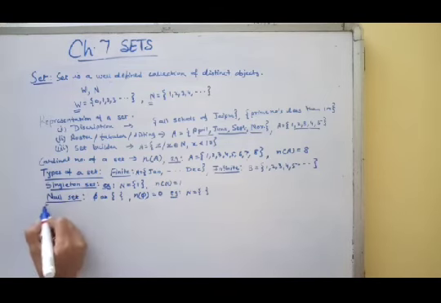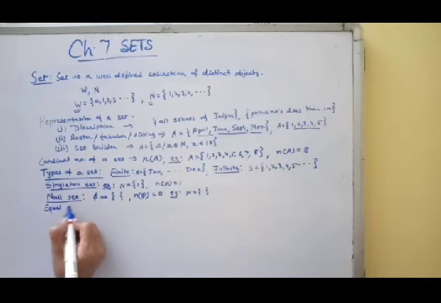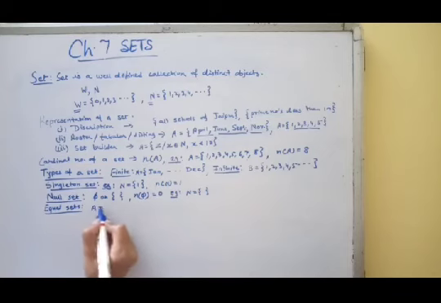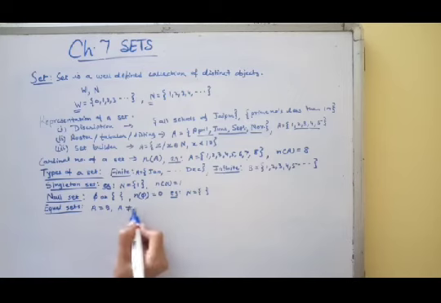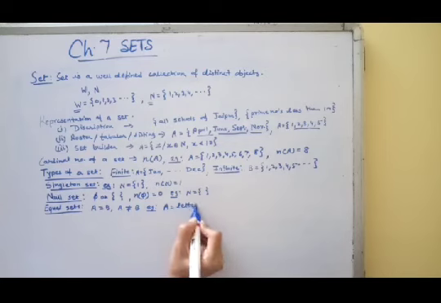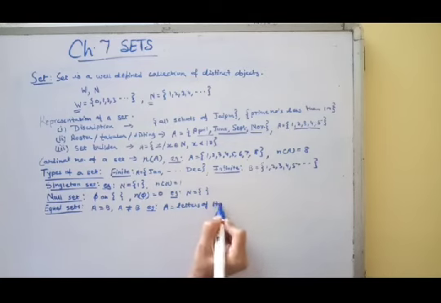Next is equal sets. Two sets are said to be equal if they have exactly the same elements. It is written as A equals B. If they are not equal, it is written as A is not equal to B. Take an example: let set A have the letters of the word GOD.